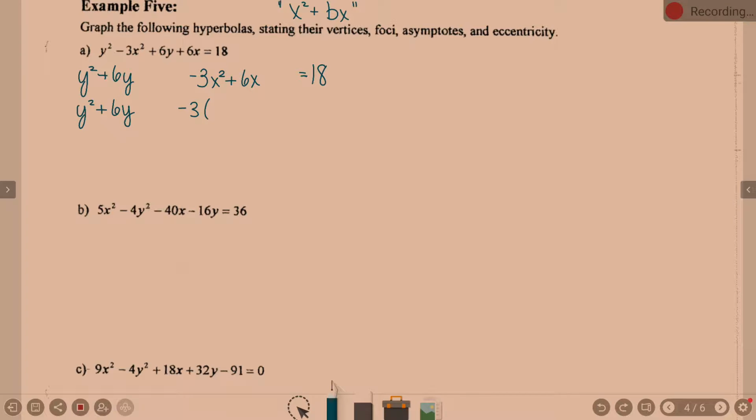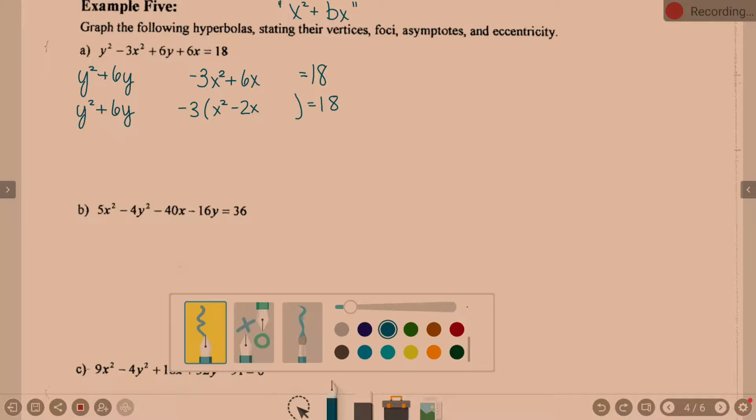When I factor out -3, it's x squared, and then what? If it was plus 6x and I factor out -3, it's going to be minus 2x. Leave a gap in those parentheses, and I still have equals 18.